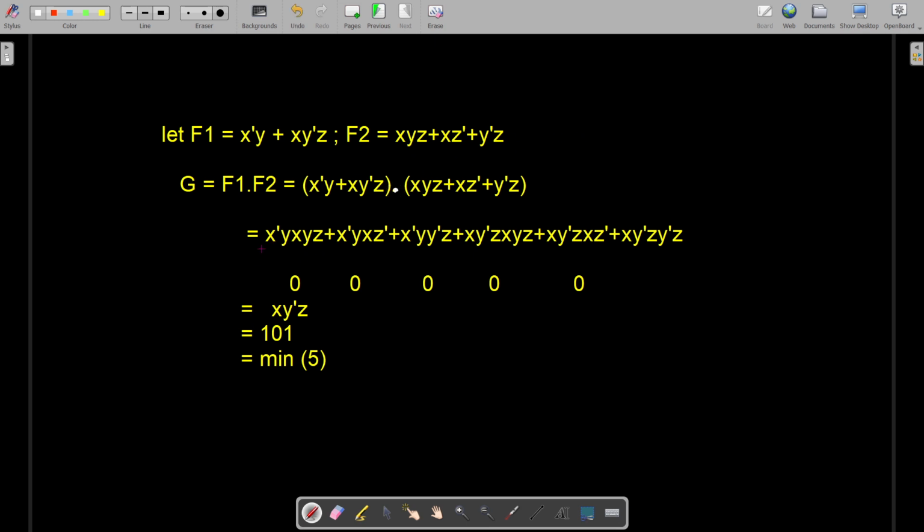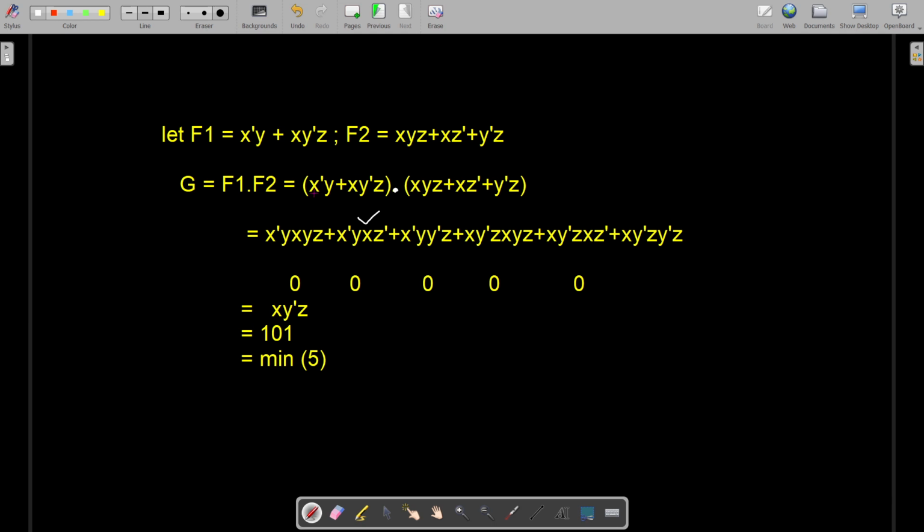Okay, so we multiply these two, taking the dot operation here. So it is distribution. How do we do this? x dash y ANDed with this x y z, isn't it? So we do it, and again this x dash y ANDed with this x z dash. So we get this term, that is x dash y x z dash. This is the second term. Then again we perform this ANDing.